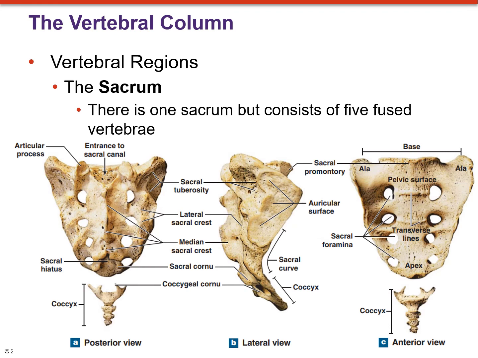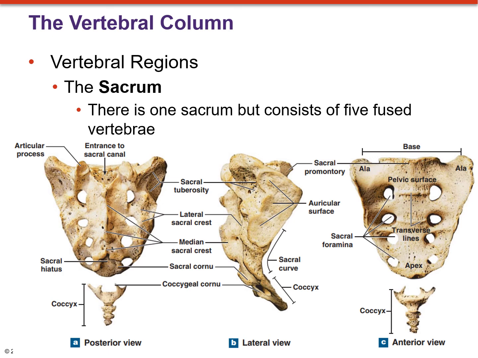Looking at the sacral region, the sacrum consists of the fused components of 5 sacral vertebrae. These vertebrae begin fusing shortly after puberty and are usually completely fused between ages 25 and 30.